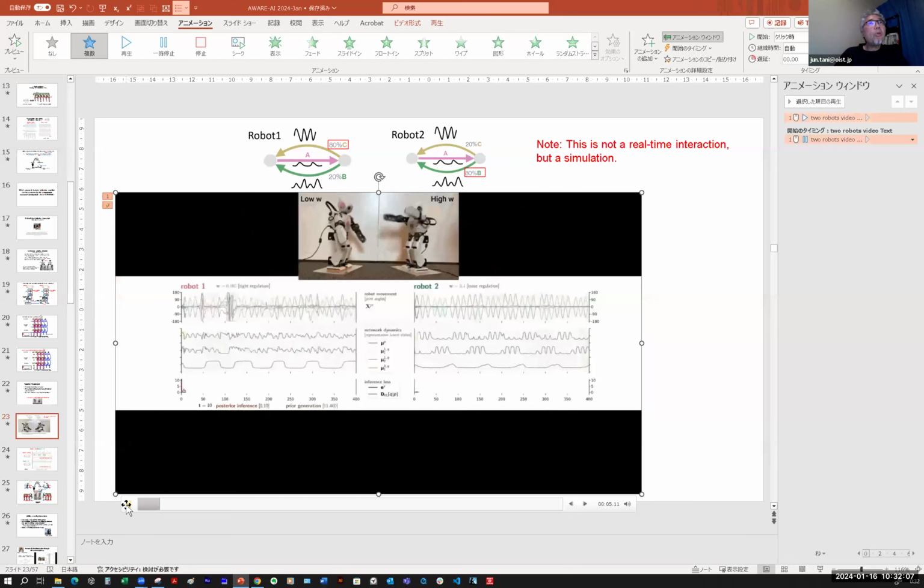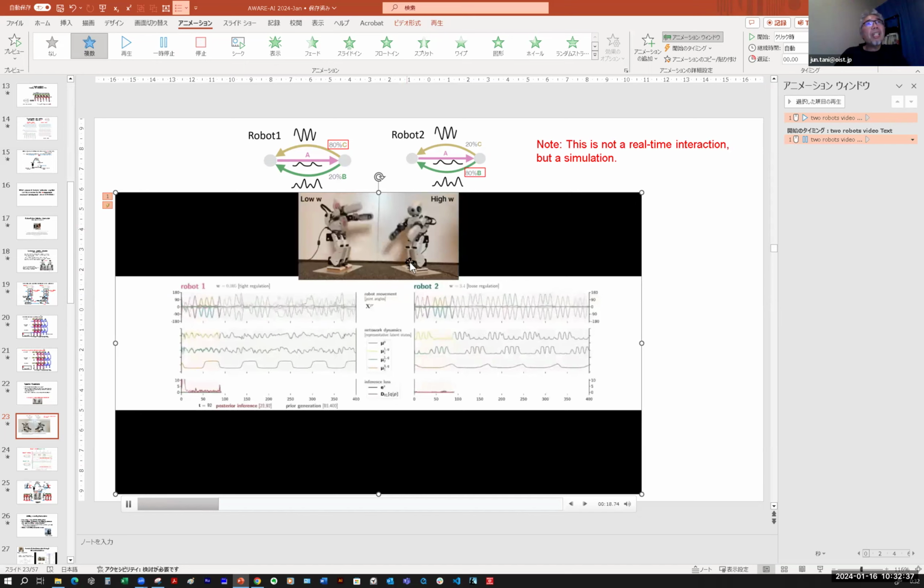The left side is low W, the right side is high W. This is the time step, now is here, this is the past window, and this is the future. What you see is that with low W, robot 1 is very fluctuating, but this one with high W is very stable in predicting.